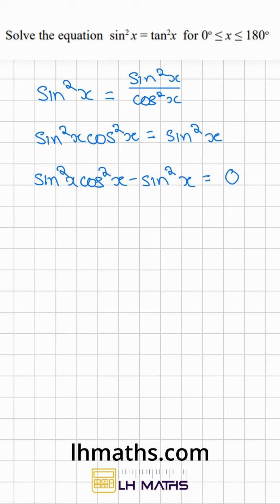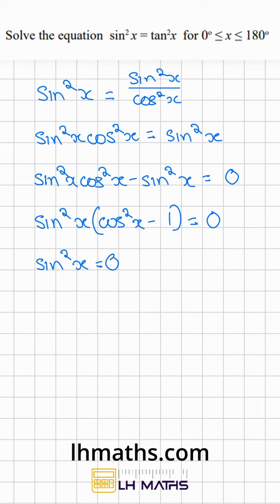Now we can factorize. If we factorize, we'll get sin²x, then in brackets, cosine²x minus 1 is equal to 0. Now this means that either sin²x is equal to 0 or cosine²x minus 1 is equal to 0.